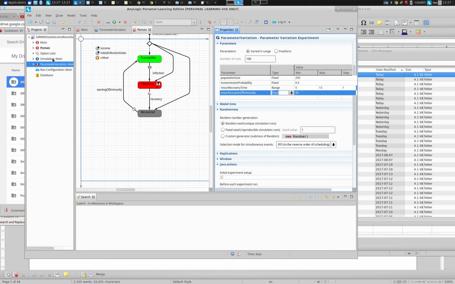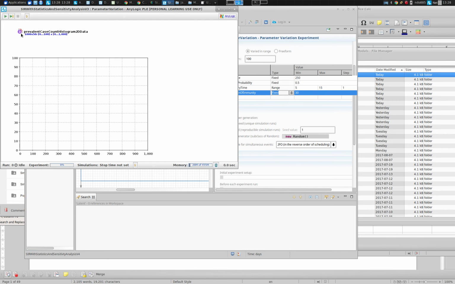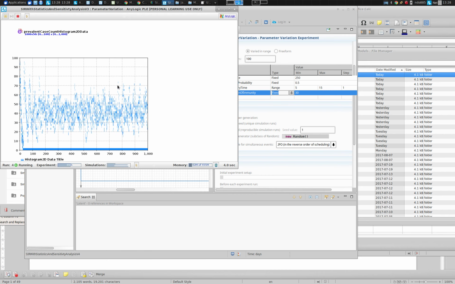By running something like this, we can get a sense of how much model results change over that span of possible assumptions. So we can run it here, and we will see successive values associated with that mean recovery time.